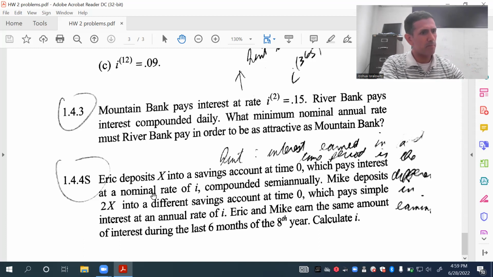Calculate I. Okay, so really not that bad of a problem, but all right, so let's get to it.